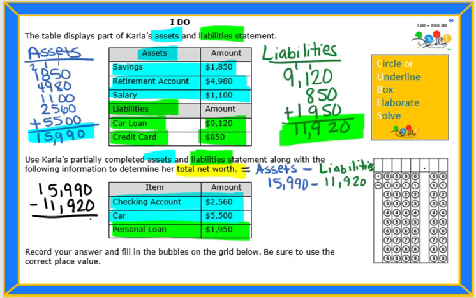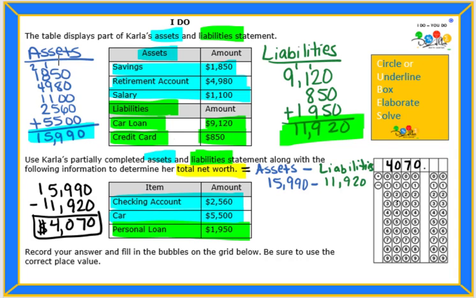So we're going to do 0 minus 0, 9 minus 2 is 7, 9 minus 9 is 0, 5 minus 1 is 4, 1 minus 1 is nothing. So $4,070 is her net worth. We're going to make sure that we put it correctly in the place value. 4,070.